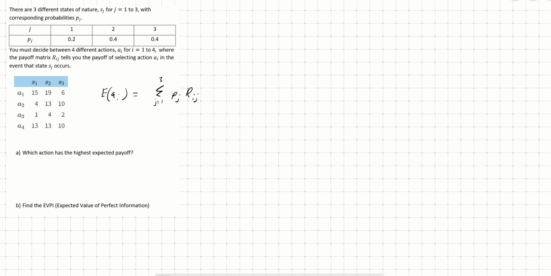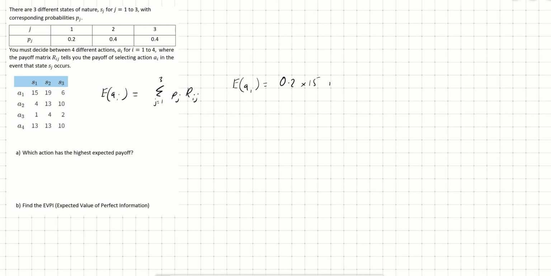Okay, so actually it's a lot clearer if we just do an example. So the expected value of action 1 is, we're going to go along row 1 of the matrix, and we're going to do the probability of state 1, which is 0.2. We're going to multiply that by the payoff of action 1, state 1, which is 15. So we get 0.2 times 15.